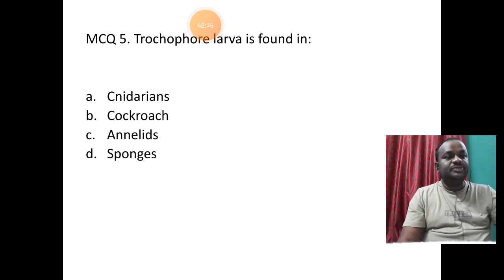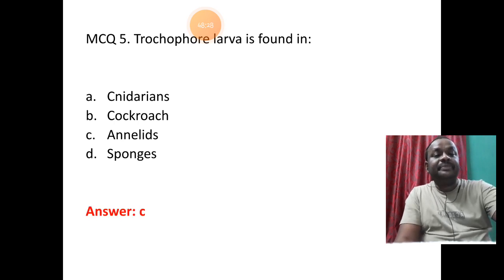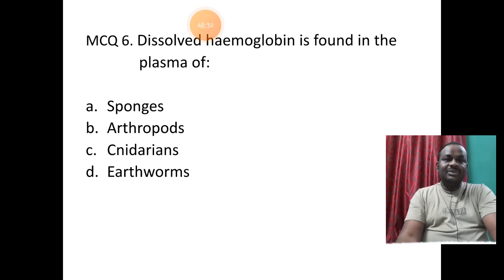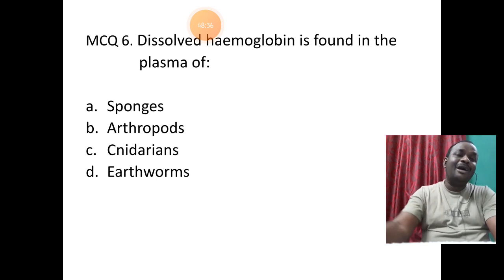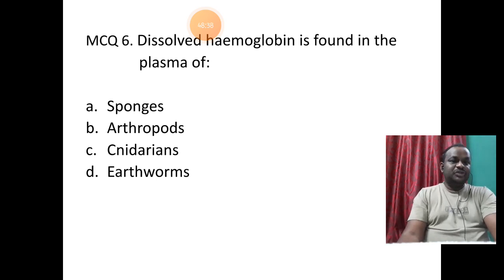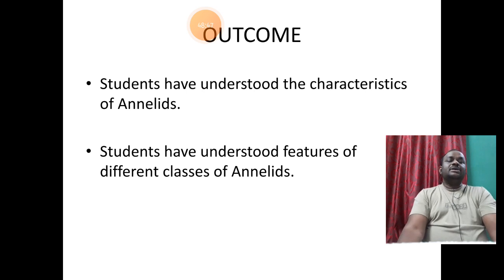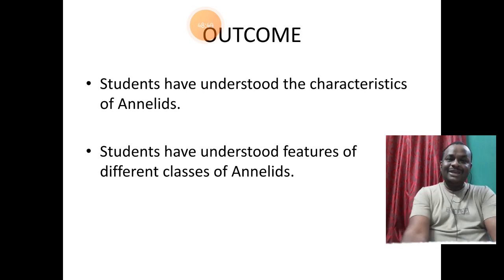So it is annelids, C. The last question. Dissolved hemoglobin is found in the plasma of sponges, arthropods, cnidarians and earthworms. Answer is D, earthworms.